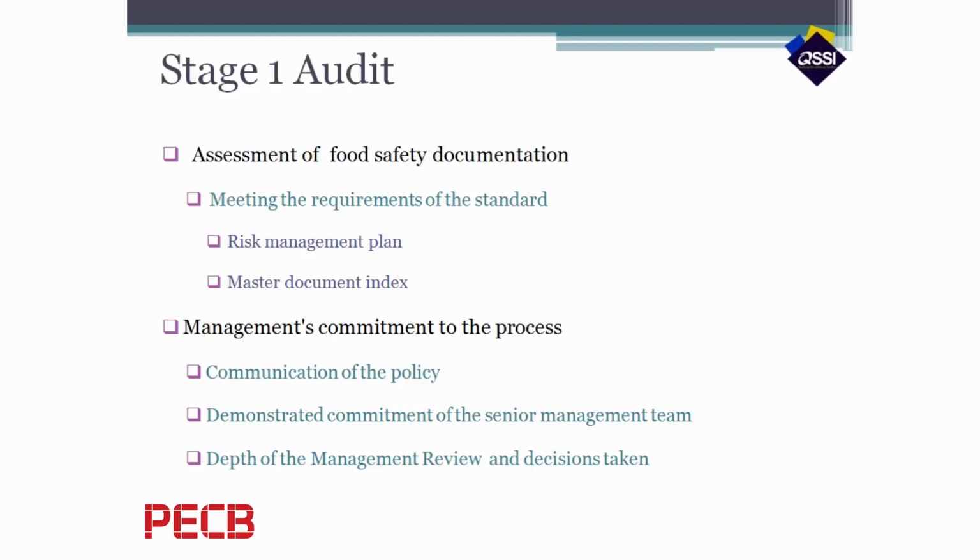They look at the food safety policy and other policies that are necessary for the food safety system. They would determine whether or not there's commitment from the management team. If they are reviewing the management review minutes at that time, they would look at decisions taken.